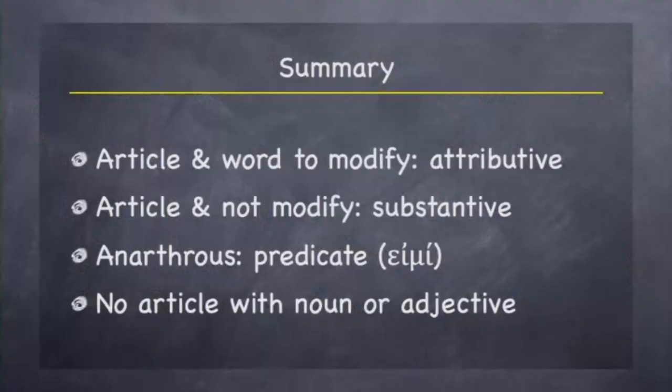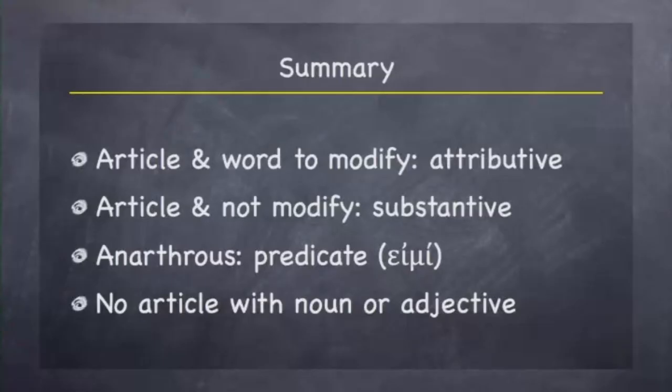All right. Well, that's it for adjectives. Let's go ahead and take a look at our summary. We learned that adjectives are words that modify nouns or pronouns and can modify other adjectives as well. We saw that when an adjective is articular, and there's a word for it to modify, it's functioning as an attributive adjective.